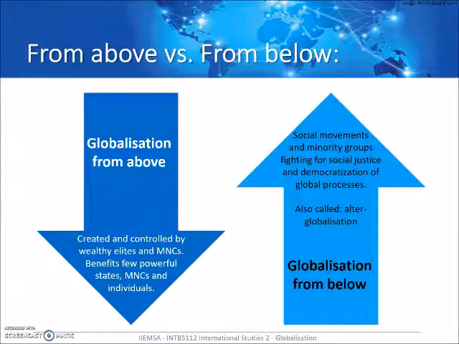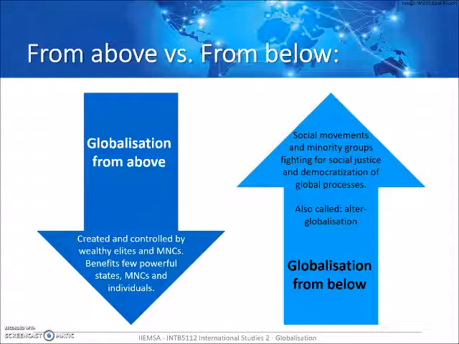There is the counterpart, which is globalization from below. This type of globalization is constituted by social movements, by minority groups who are fighting for social justice, for democratization of global processes, right? This is also called alter globalization, and we will look at it, I think, in week 11, when we look at the backlash against globalization.